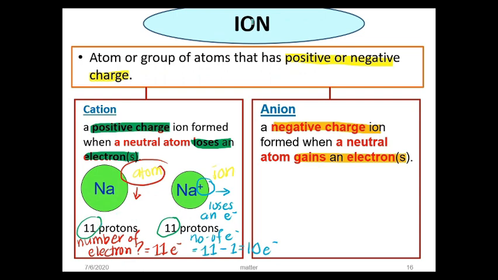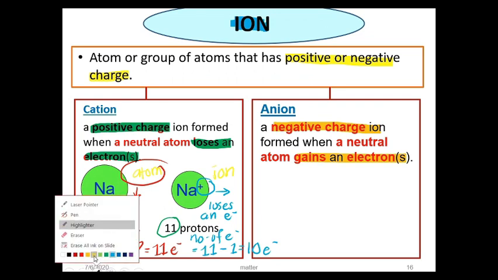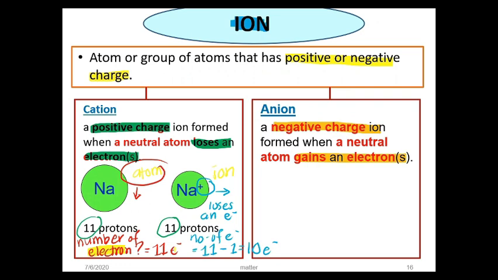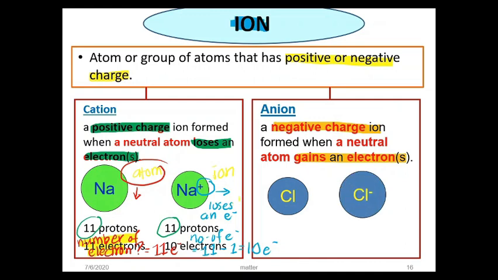For an ion, the only number that changes is the number of electrons, and the same thing goes for an anion as well. So let's take a look at the Cl, or chlorine anion.